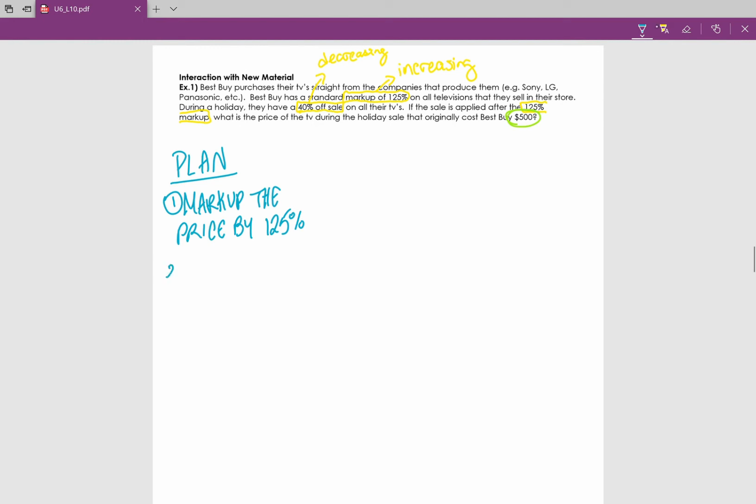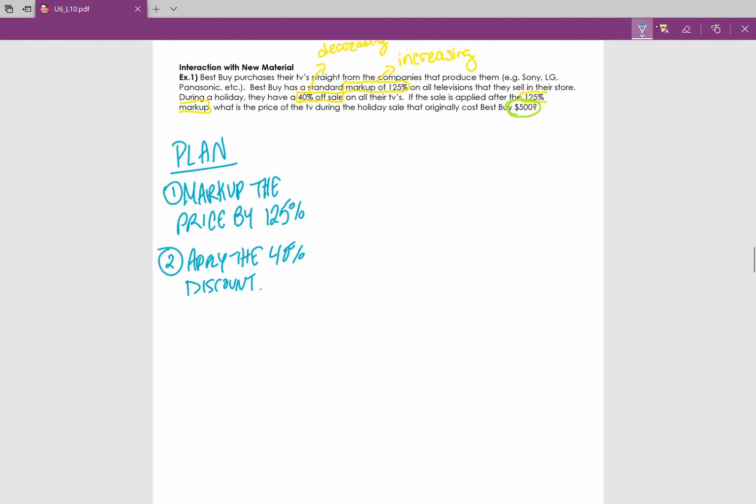Then the second thing we have to do, after we mark up the price, is the question asking for us to take off 40%. So then we need to apply the 40% discount. And that'll get us our sale price.